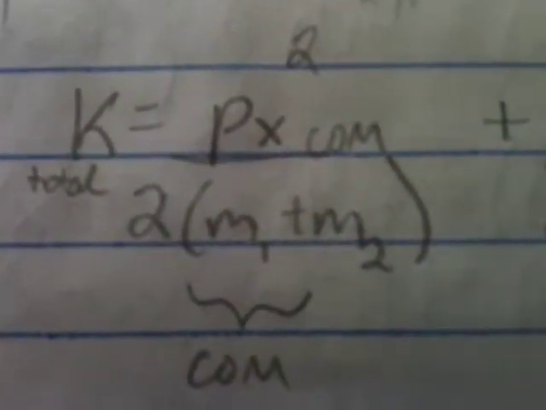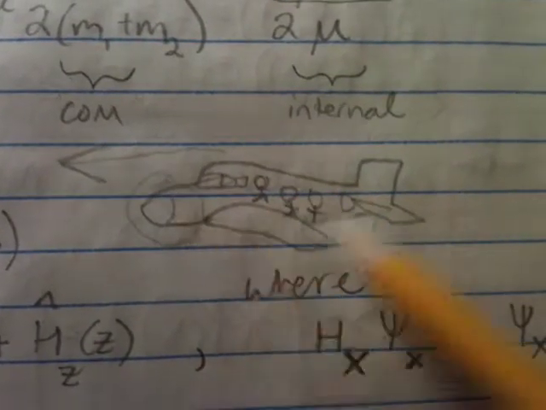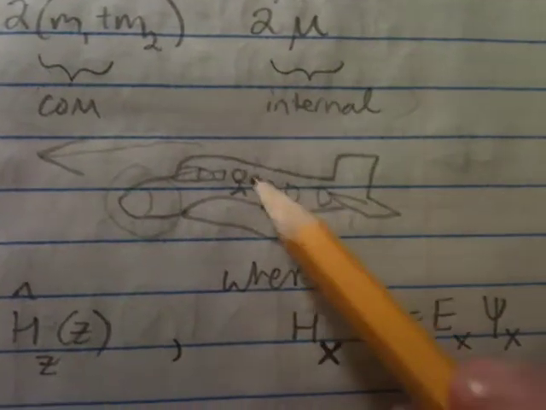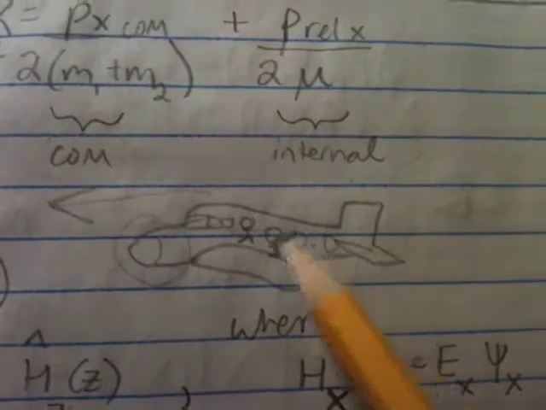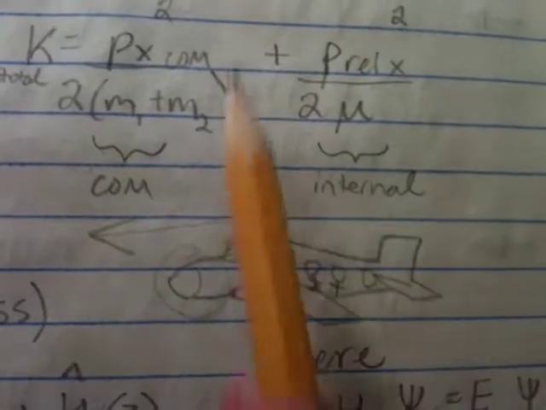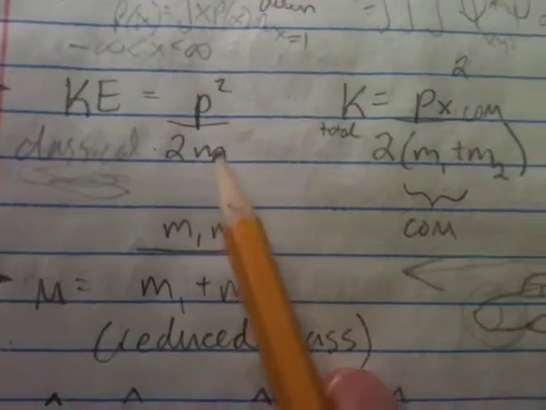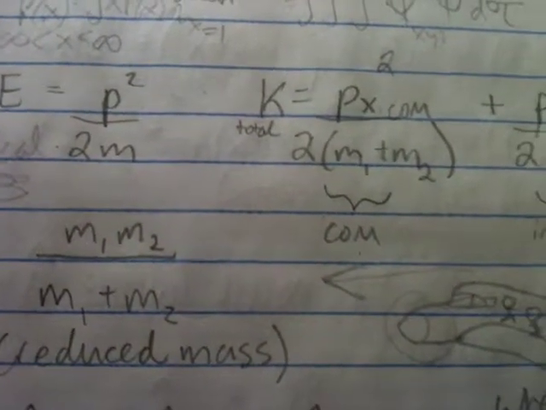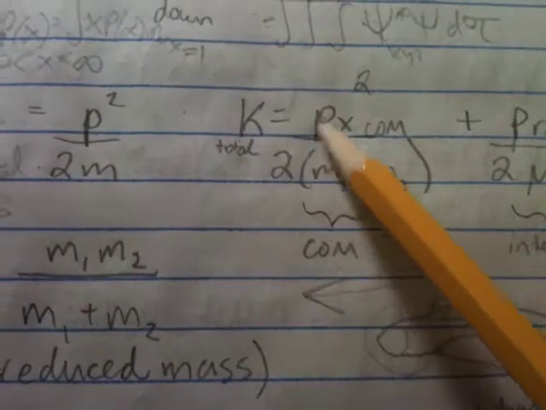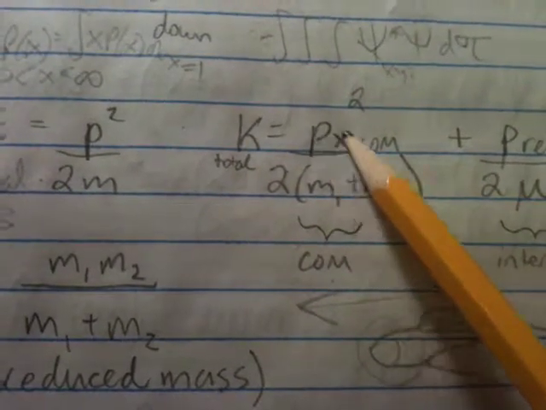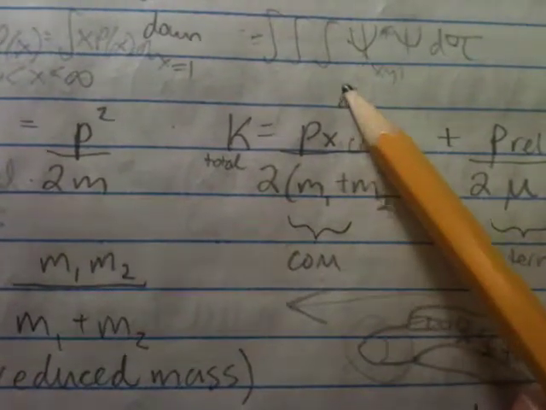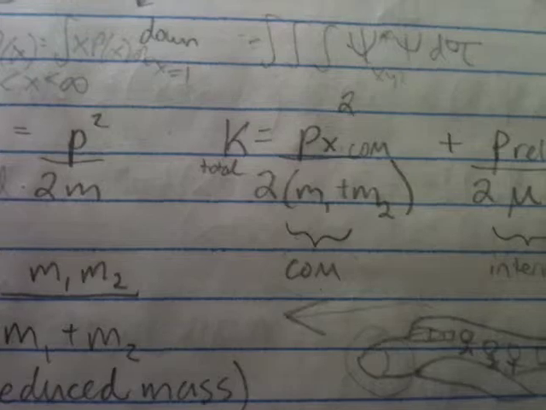So when we're describing the total plane kinetic energy, we have the center of mass, which is the mass of the plane; these people in here don't add very much mass. And we'll talk about that as reduced mass. So what we have for center of mass is going to be this classical term, now in terms of quantum mechanics, P of x, center of mass, squared over 2 total mass.